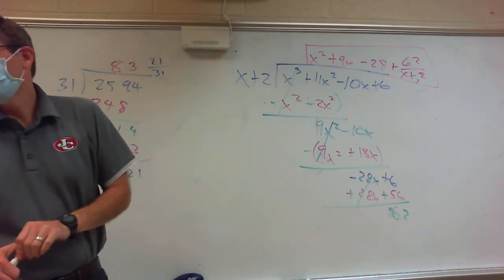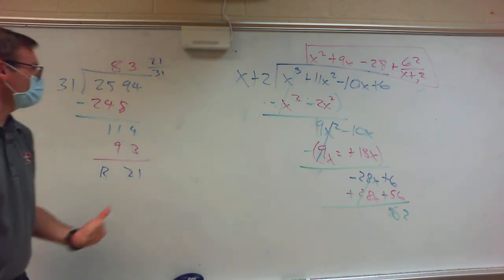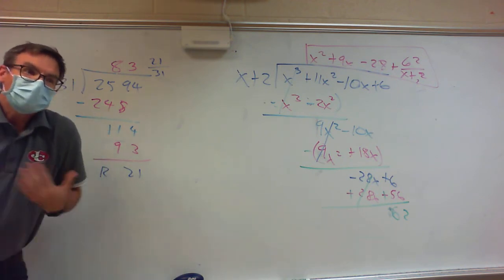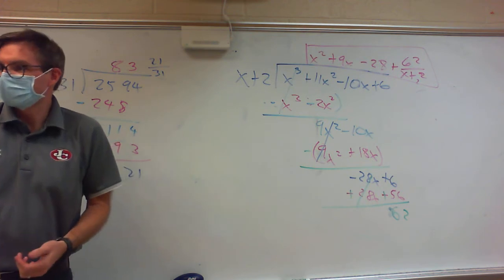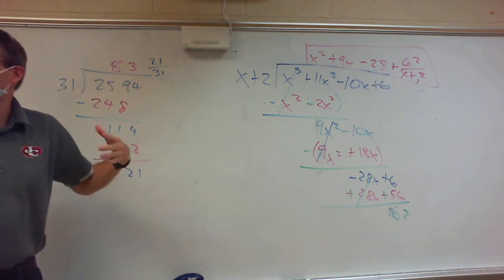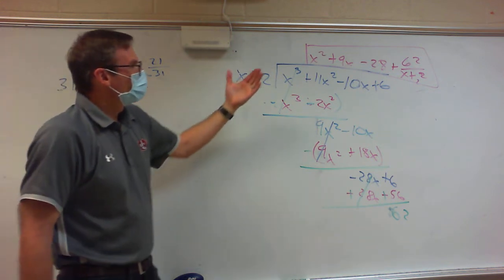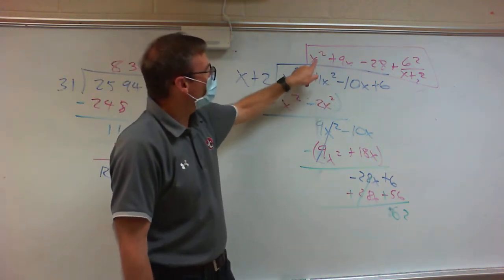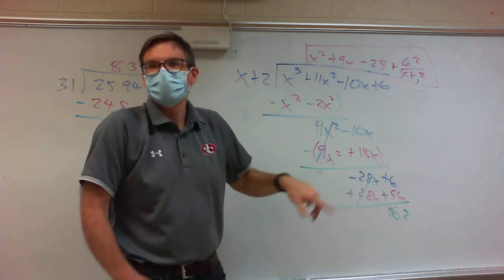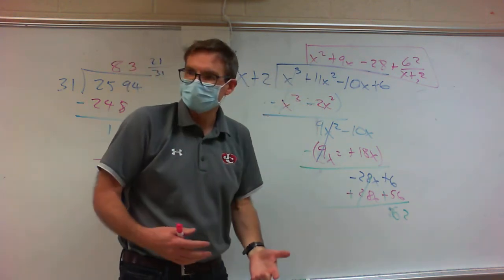And what is polynomial long division? It's the exact same thing you did in 4th grade. But for me, I actually think it's easier because I don't have to think as hard. Because with the 8 and the 3, there's a little bit of processing that goes on. You're not doing as much processing here. You're saying what goes here so that this times this exactly equals. I'm not trying to get close. I'm trying to get exact.